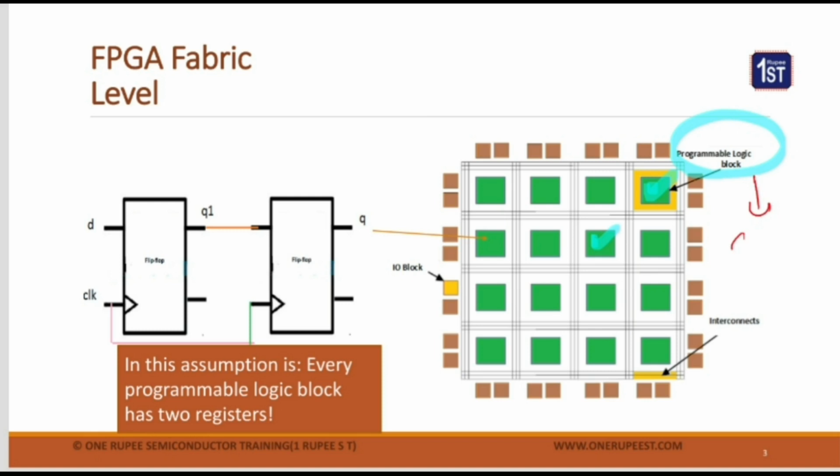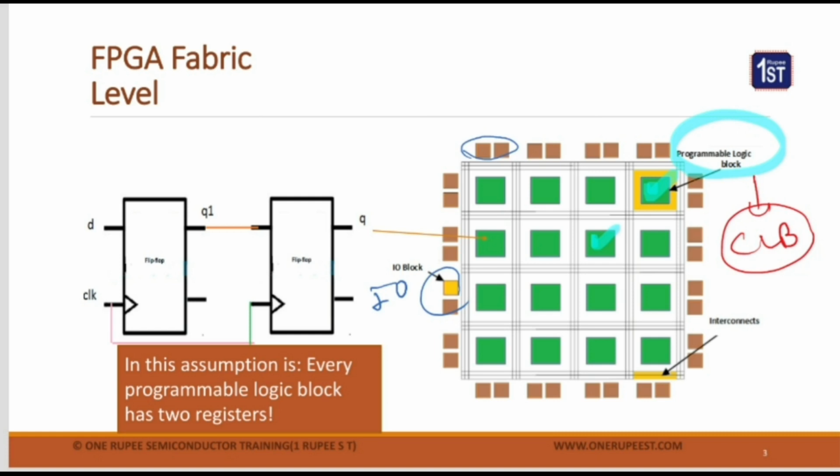So this you can call a CLB, configurable logic block, which consists of lookup table and slice register. Then at the periphery of this FPGA, we have the IO blocks. So these are different IO blocks, input output blocks.